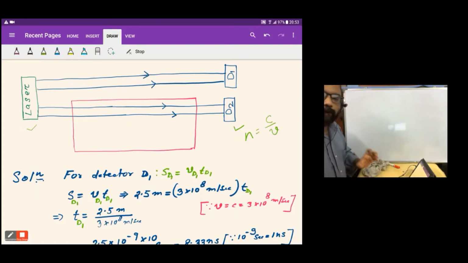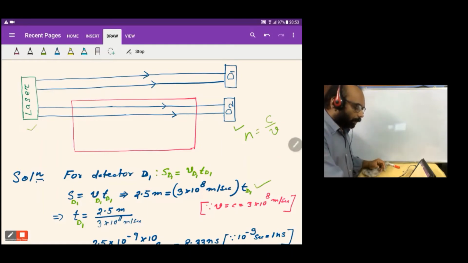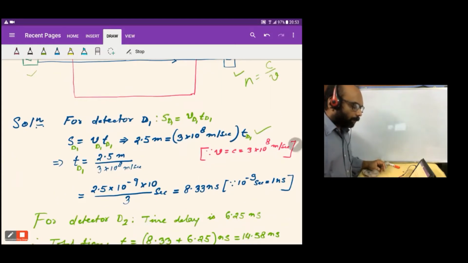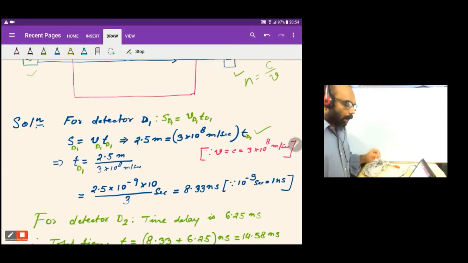So here it is 2.5 meter given. Velocity of the laser beam is nothing but 3 into 10 to the power 8 meter per second, and the time Td1 is given by 2.5 divided by 3 into 10 to the power 8 meter per second, and that is converted into nanosecond.